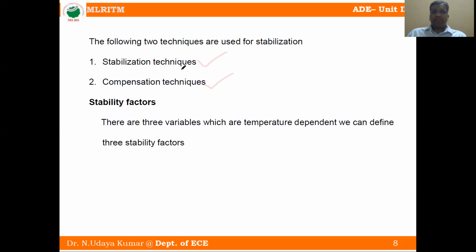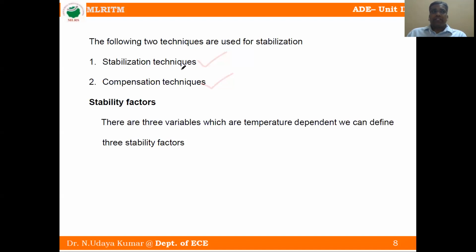What do you mean by compensation technique? Compensation technique is a technique where temperature sensitive devices such as diodes, thermistors and sensistors are used. Such devices produce compensating voltages and currents in such a way that the operating point is maintained.